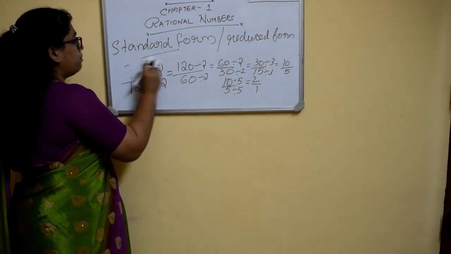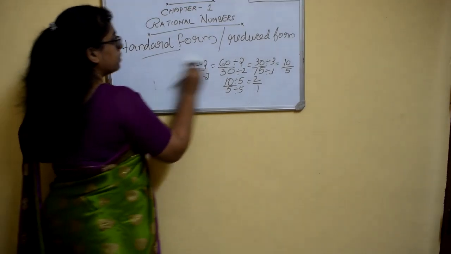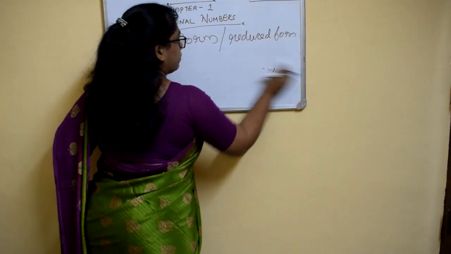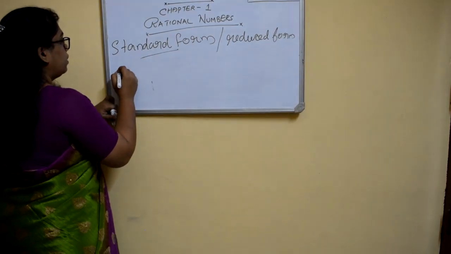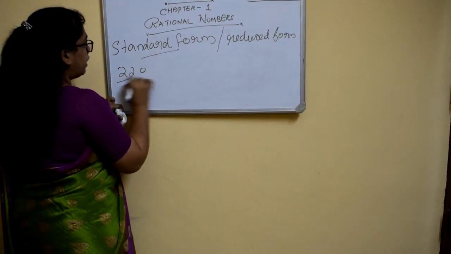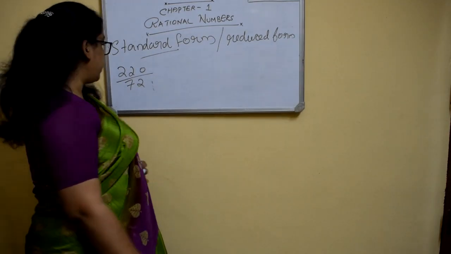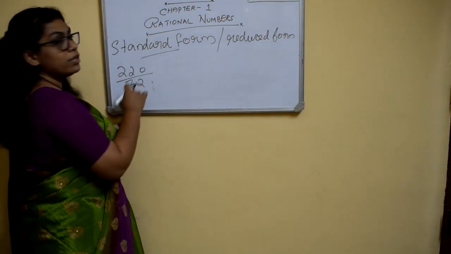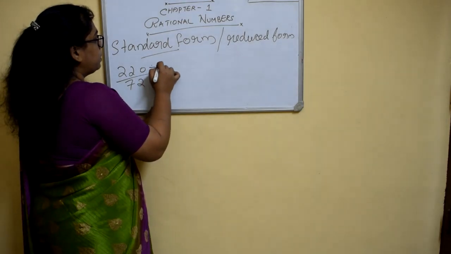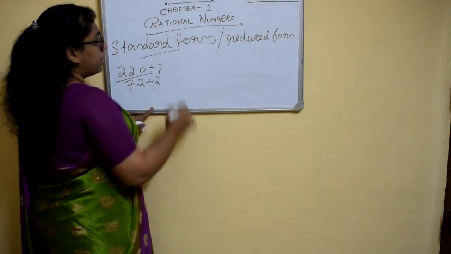One more example. 220 by 72. What is the answer? Here both are even numbers. Divide the numerator and denominator by 2.